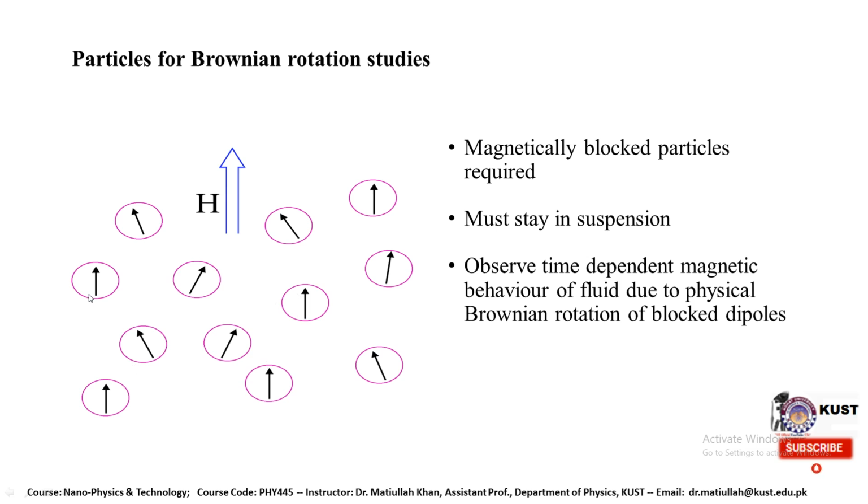These magnetic dipoles are perfectly aligned, but the others, this one, and this one, and this one, 1, 2, 3, 4, 5, 6, 7, are not perfectly aligned, though they are aligned much more due to the external magnetic field.